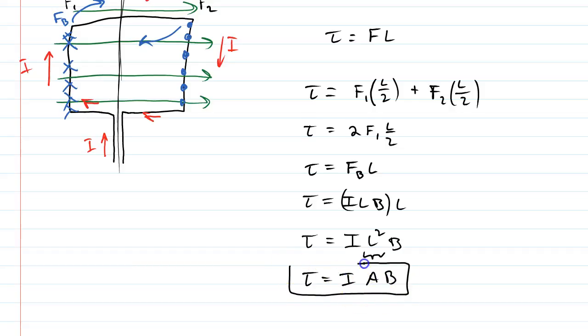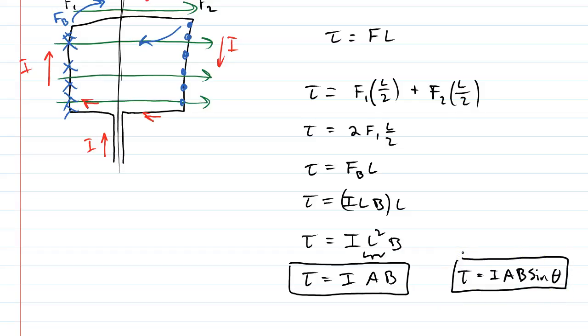So the torque is going to be based off of the area of the loop times the magnetic field strength times the amount of current going through it. Also, if it's at an angle, because it's going to rotate a little bit and then eventually be at an angle, you can figure out the amount of torque by putting sine of theta in there.